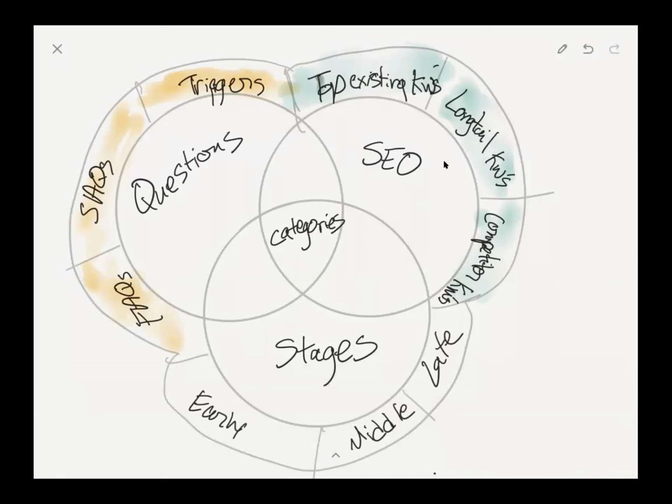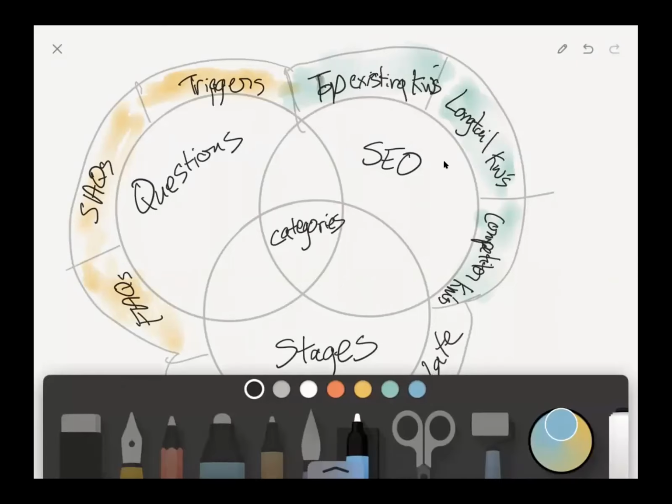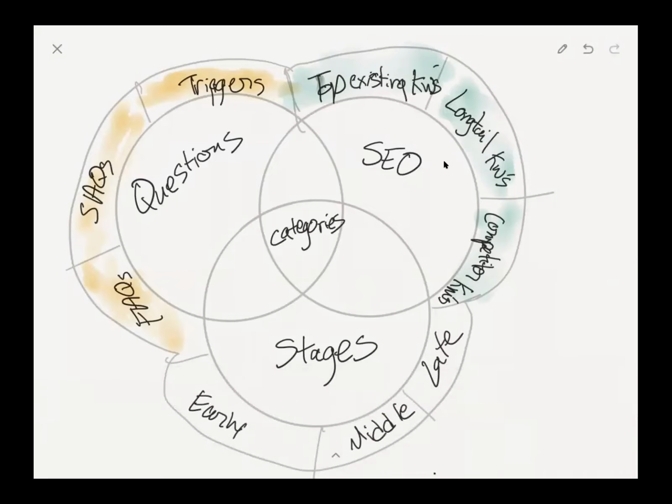The stages are an oversimplified way to look at where the customer is in your sales cycle. All right, so you want to figure out where they are, so somebody in the early stage is not going to get the same type of content or message as somebody in the middle or late stage, and vice versa.